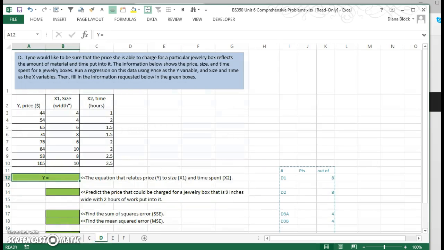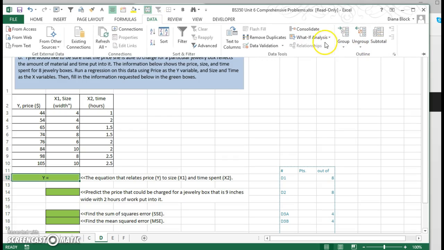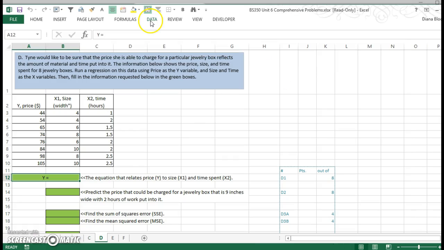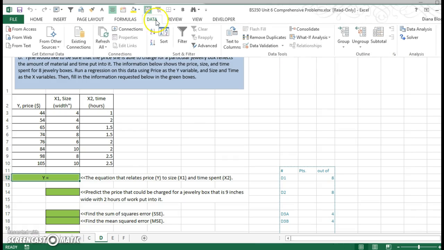And on problem 4, we're going to do regression analysis. And so remember, you will use the data tab and then data analysis to get to the regression tool. If this doesn't show up, remember to check your Excel options and make sure the add-ins are checked.